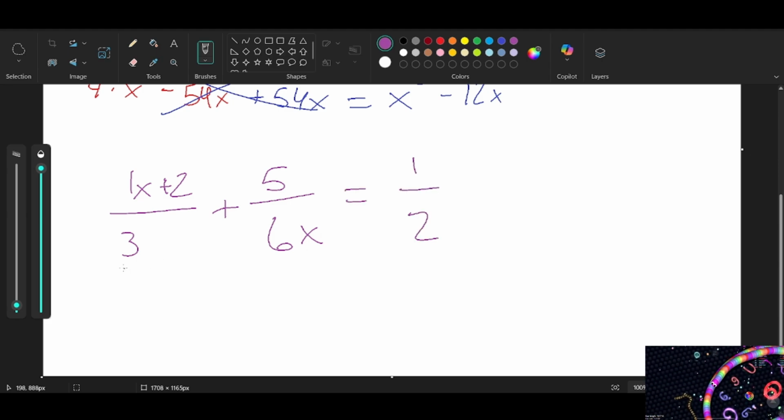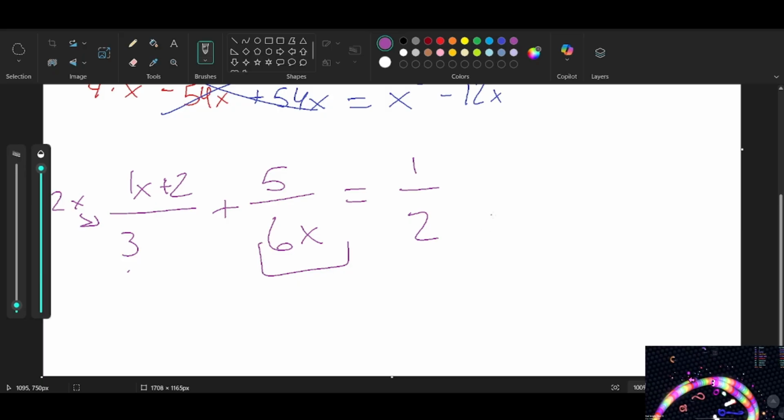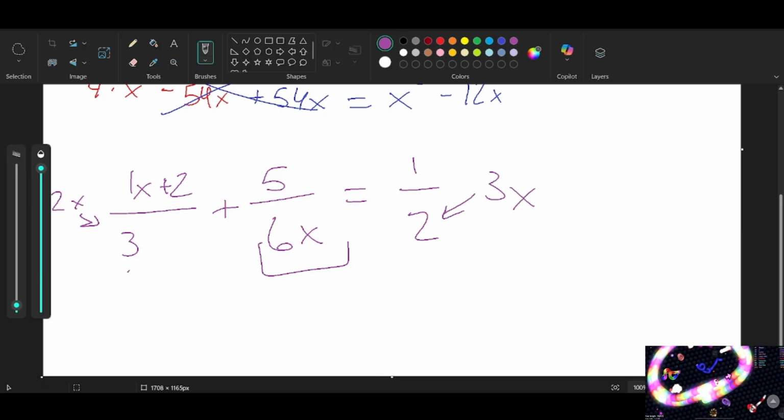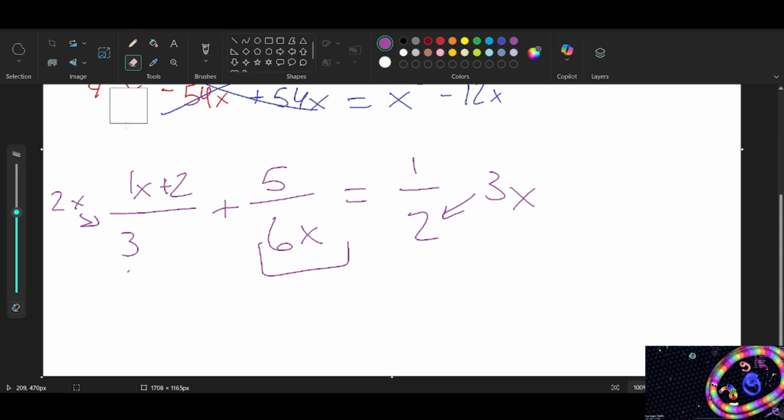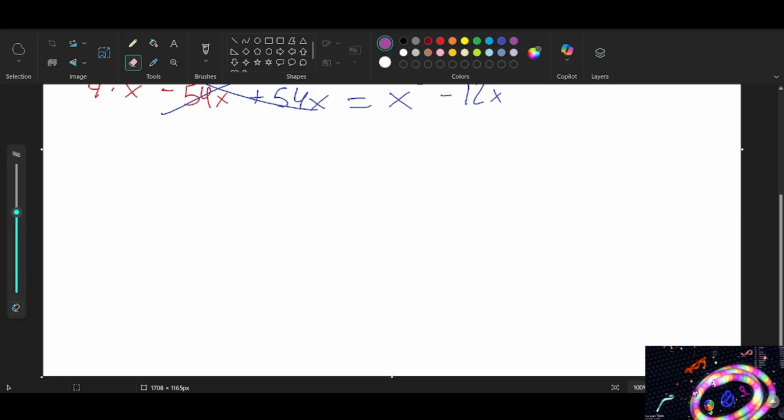I have to multiply this 3 by 2x to make sure it has the same denominator here, and multiply this denominator by 3x. Typically I'm going to have to multiply multiple things. I know I'm kind of just rambling, and I don't know if this will make sense to you guys.